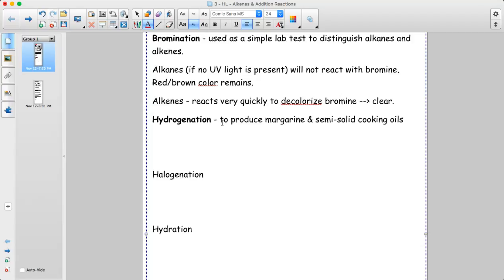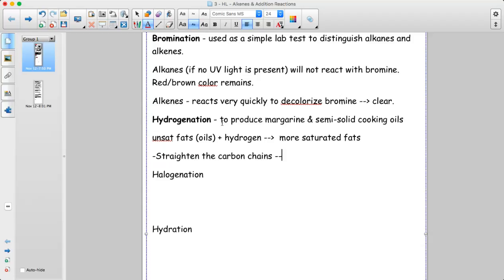They literally take unsaturated fats, which we call oils, they add hydrogen to them, and that causes them to turn into more saturated fats. So we are unnaturally saturating the fats. That helps straighten the carbon chains in them, and that leads to more London forces, and it leads to higher melting points, which is why they go from being liquids to being solids. So hydrogenation is used to make margarine.